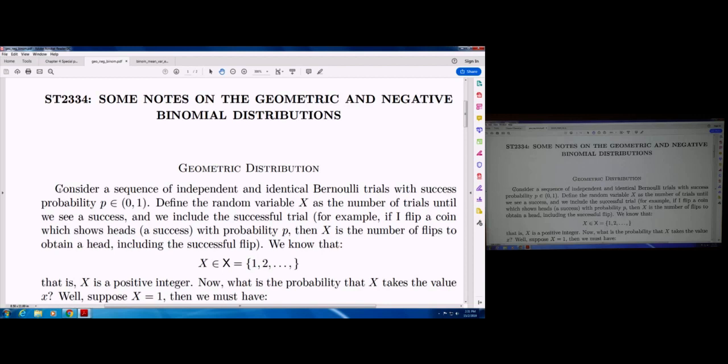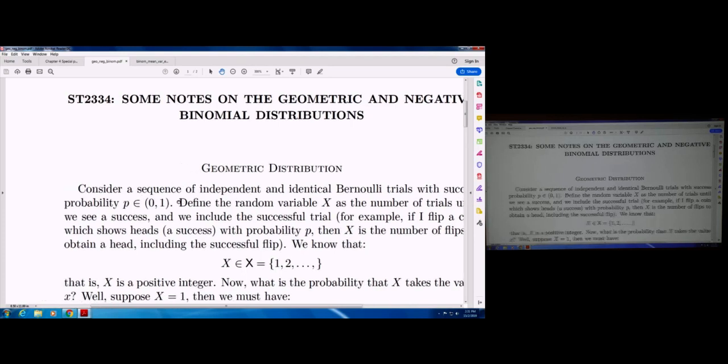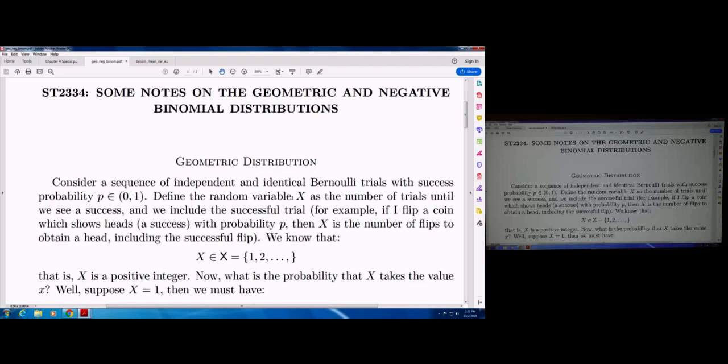We consider a sequence of independent and identically distributed Bernoulli trials, and the chance that a Bernoulli trial yields success is p. Now in this experiment, rather than count the number of successes in a fixed number of trials, we define the random variable X as the number of trials until we see a success.